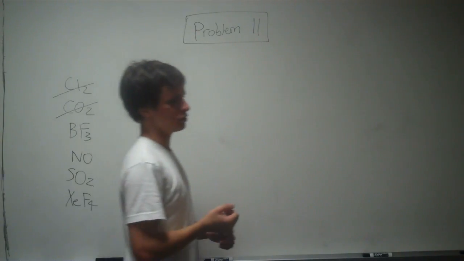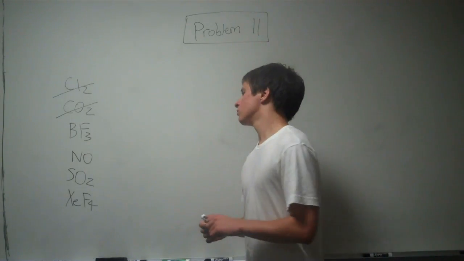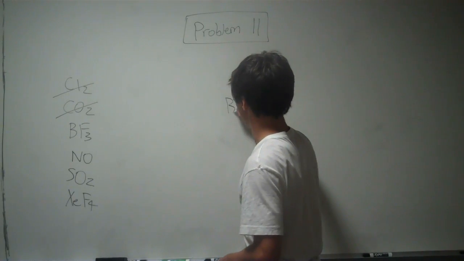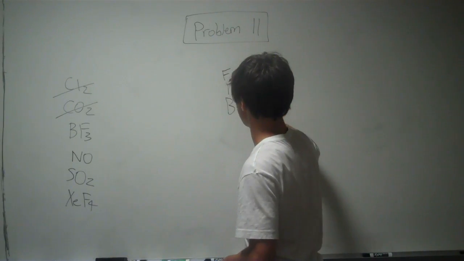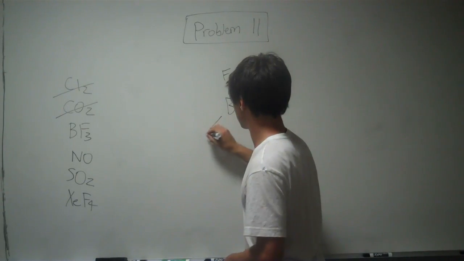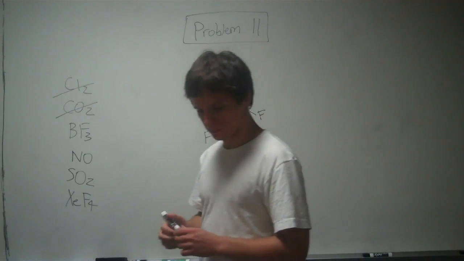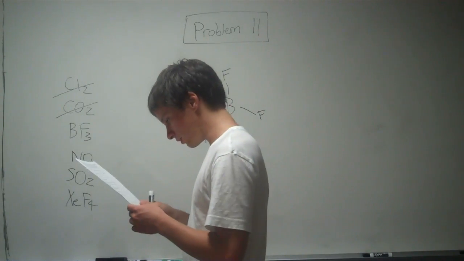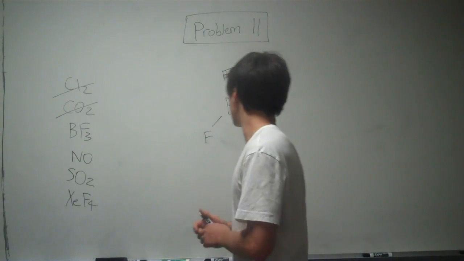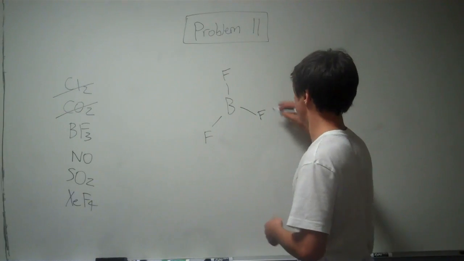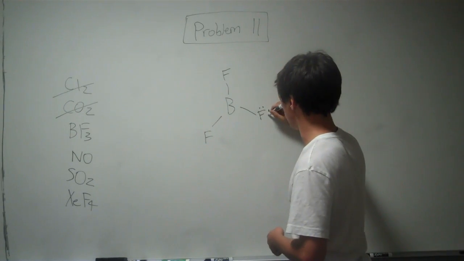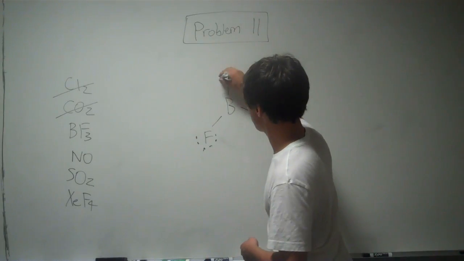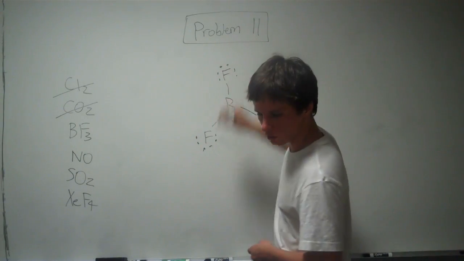So how about boron trifluoride? Okay, well, that's a boron with 3 fluorines attached to it. So this boron does not have any lone pairs, whereas these fluorines all have three lone pairs each.